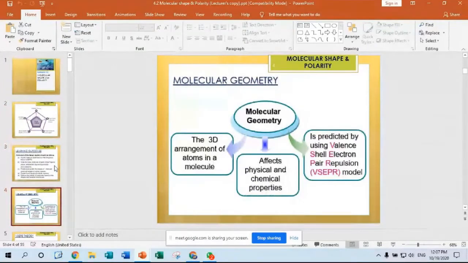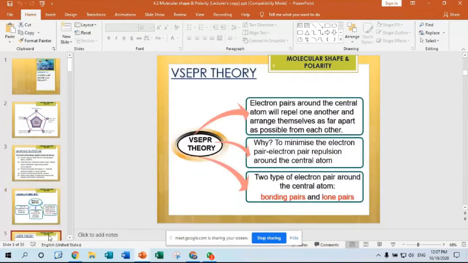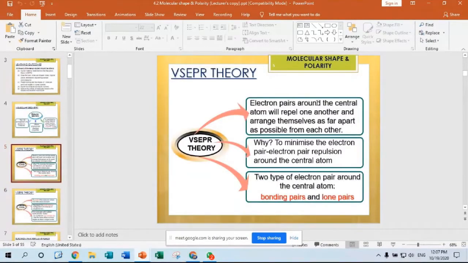So first, molecular geometry is the 3D arrangement of atoms in a molecule, which affects physical and chemical properties. It is predicted by using the VSEPR model. What is VSEPR? Electron pairs around the central atom will repel one another and arrange themselves as far apart as possible from each other.